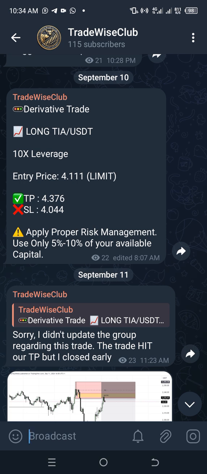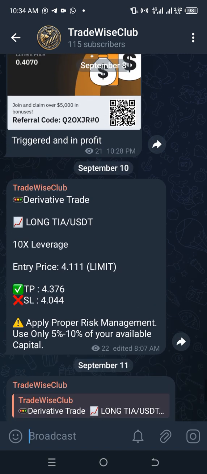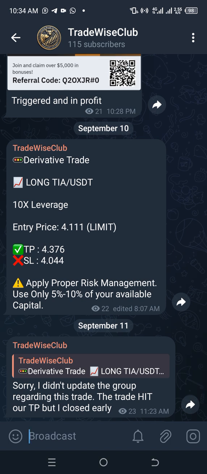So 4.111 is the order. We are going to set a limit on 4.111, and when the market gets to that limit, the market will start to buy because we are longing. And then we have the take profit and the stop loss. So I've explained limit order and market order.